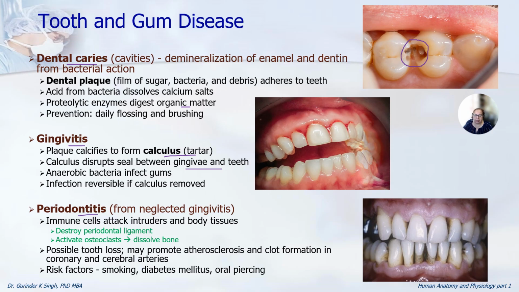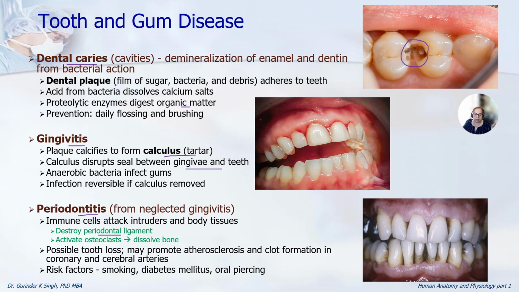This is when you have neglected the gingivitis. In here the immune cells will attack the intruders, that means anything entering your gums, and you'll have swollen gums. Eventually your periodontal ligament is broken down, and then the osteoclasts, which are bone cells, come there and start chewing up the bone and dissolving it.